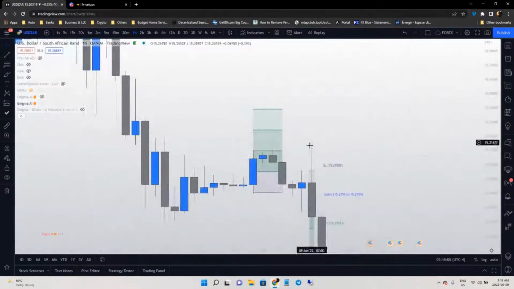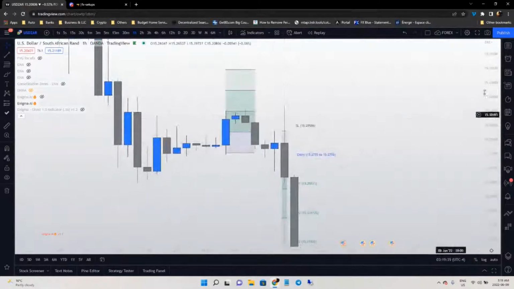Because at market execution, the take profit is too close to the entry price. I want to make sure that the first take profit is a little bit further to have a better movement.